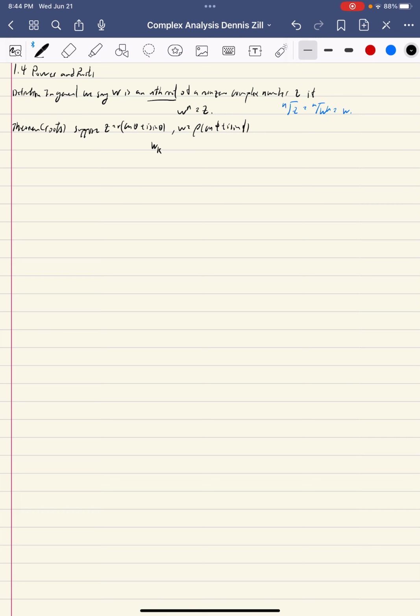then W_k is equal to the nth root of R, right?